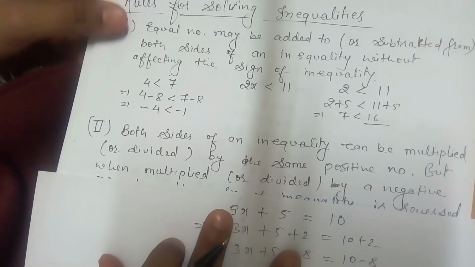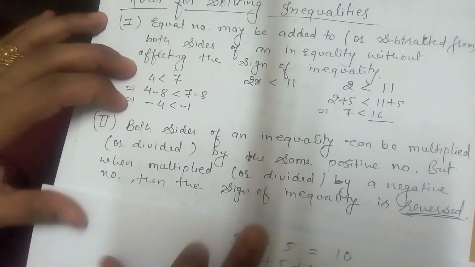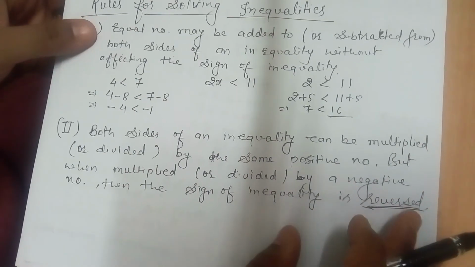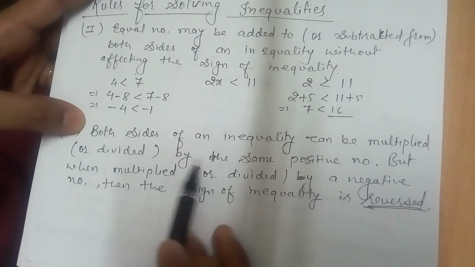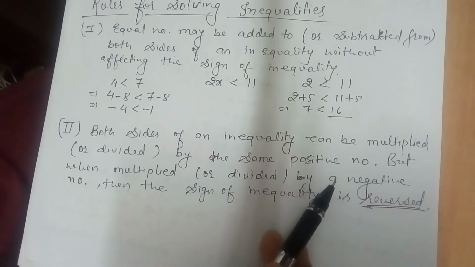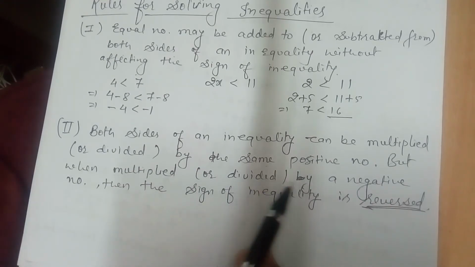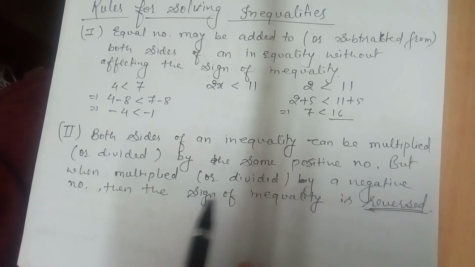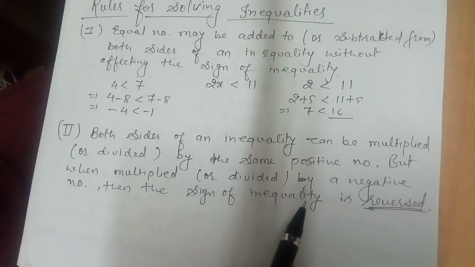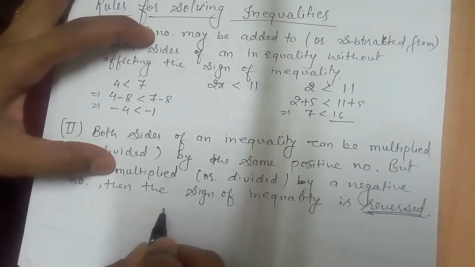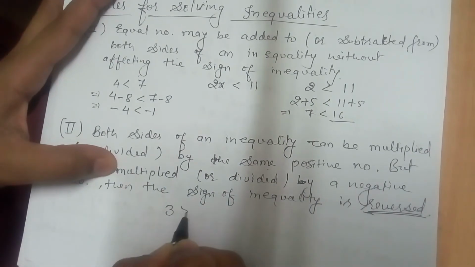The second rule is both sides of an inequality can be multiplied or divided by the same positive number. But when multiplied or divided by a negative number, the sign of inequality is reversed. For example, 3 is greater than 2.